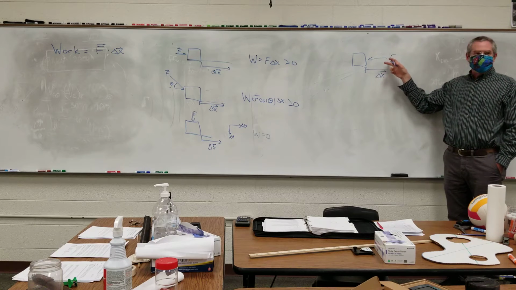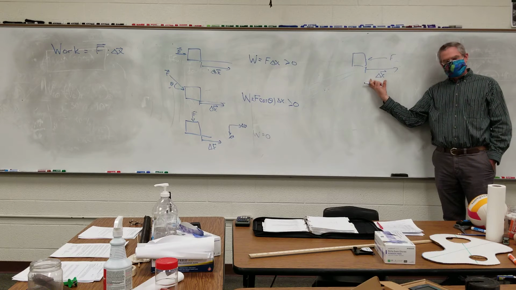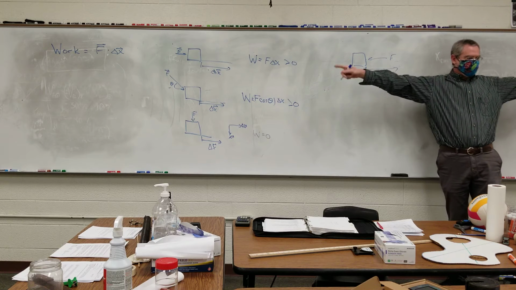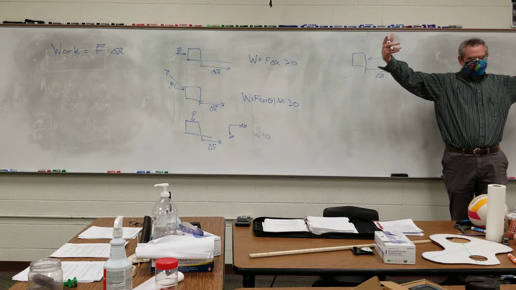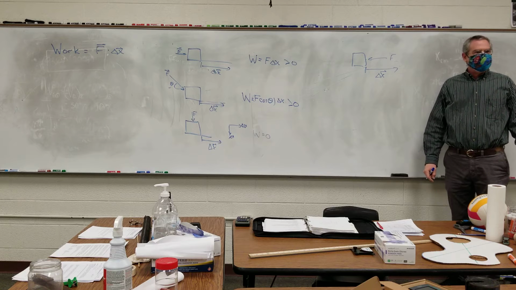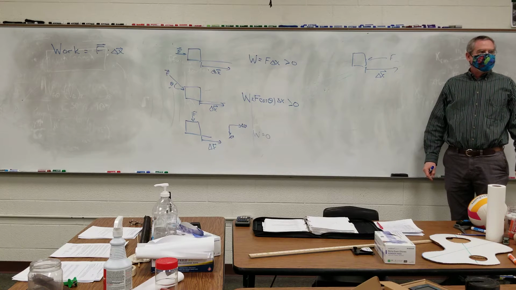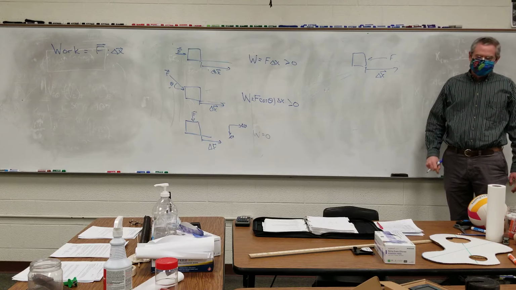So this is doing negative work. In this particular case, the force is opposite my displacement. And so what is the angle between them if they're in opposite directions? 180 degrees. There we go. And the cosine of 180 degrees is -1.